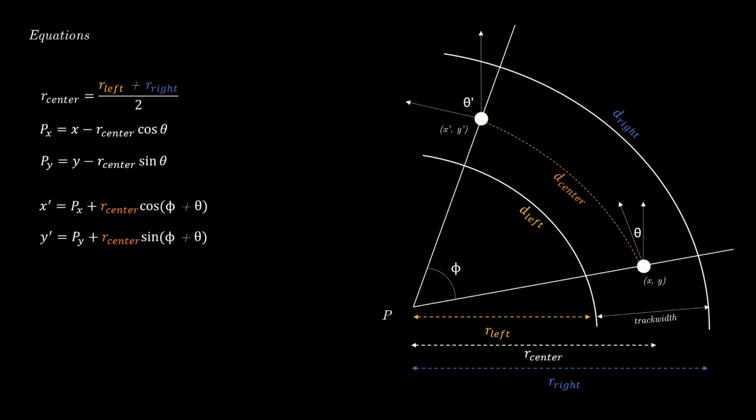You can apply this same principle to find the value of y prime. You just take r center, and all the other math is the same, except you're using sine this time because you're calculating an offset of y. And your theta prime will just be your original angle plus phi, which is how much you shifted. So this is the new position of your robot, and thanks for watching.